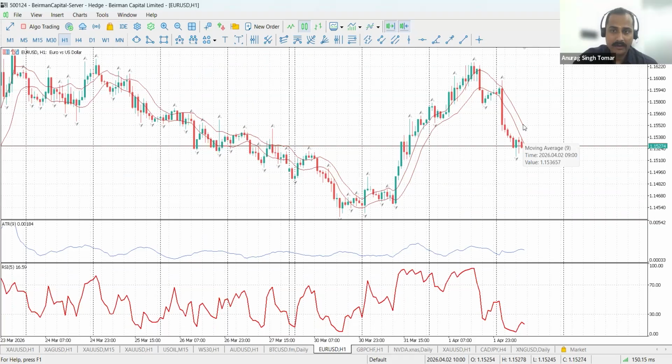Here I've used a moving average band of 9, and you can see in the past how well it is being respected by the price. Prices break this band, take a correction, then continue and touch it again. So I am very sure that prices will go down.